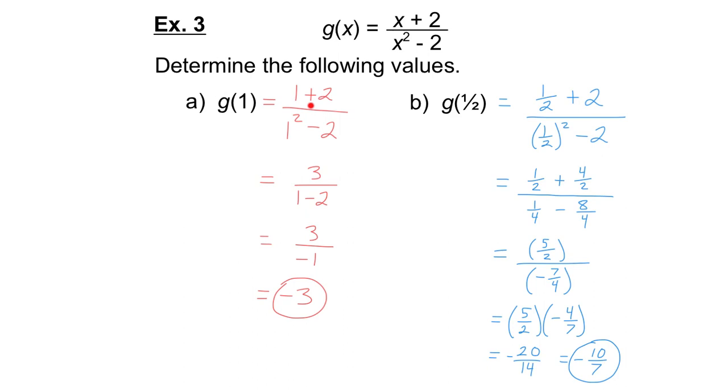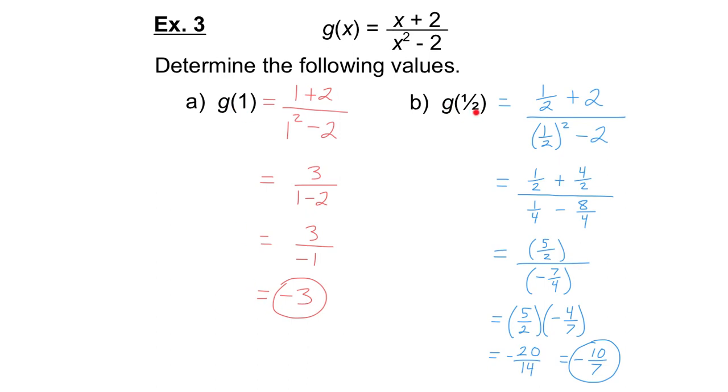So we have to treat the numerator and denominator as if they were in brackets. So we have to simplify those first. 1 plus 2 is 3. 1 squared is 1, and then minus 2. That ends up being minus 1. Now we can do the division. 3 divided by negative 1 is negative 3. That's g of 1. g of 1 equals negative 3.